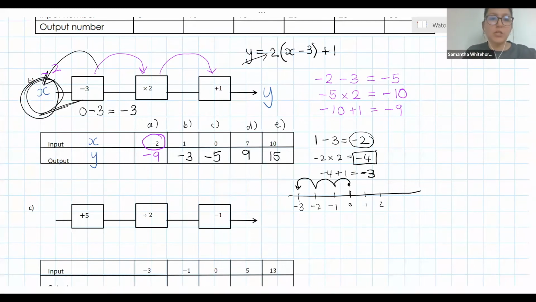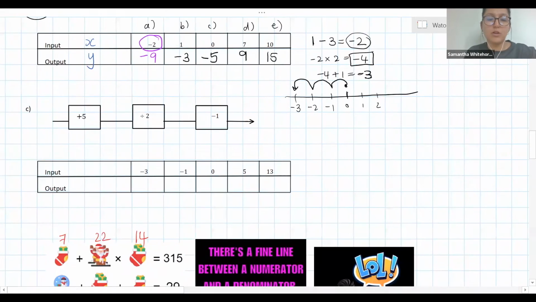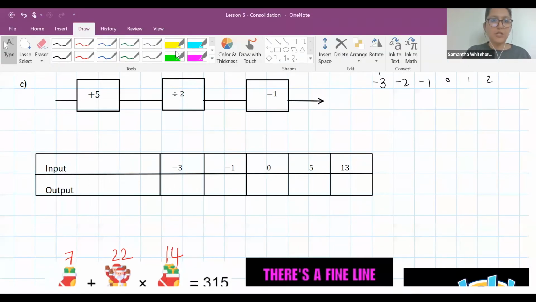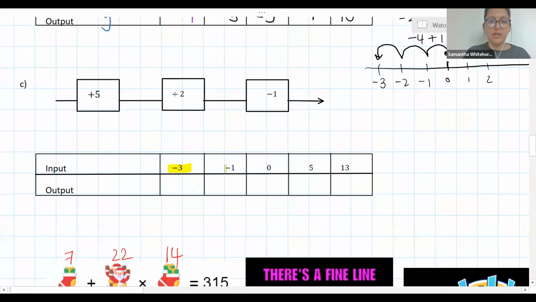Okay, so guys, we're going to do this last one and then we'll hopefully get the answer to the brain break that we struggled with last week. So I'm going to let you try this one by yourselves because I do have faith that you can do it. Remember, we're going to take each of these x's, so the -3, -1, 0, 5, and 13, and we're going to put it into our flow diagram in order to get our output, our y.